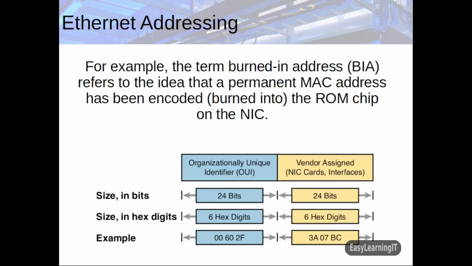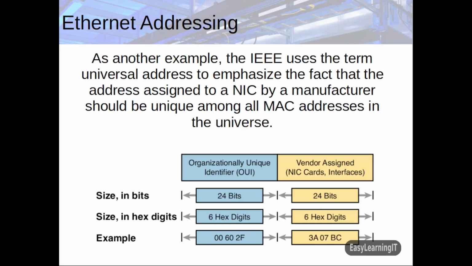For example, the term burned-in address refers to the idea that a permanent MAC address has been encoded, burned into the ROM chip on the network interface card. As another example, the IEEE uses the term universal address to emphasize the fact that the address assigned to a network interface card by a manufacturer should be unique among all MAC addresses in the universe.